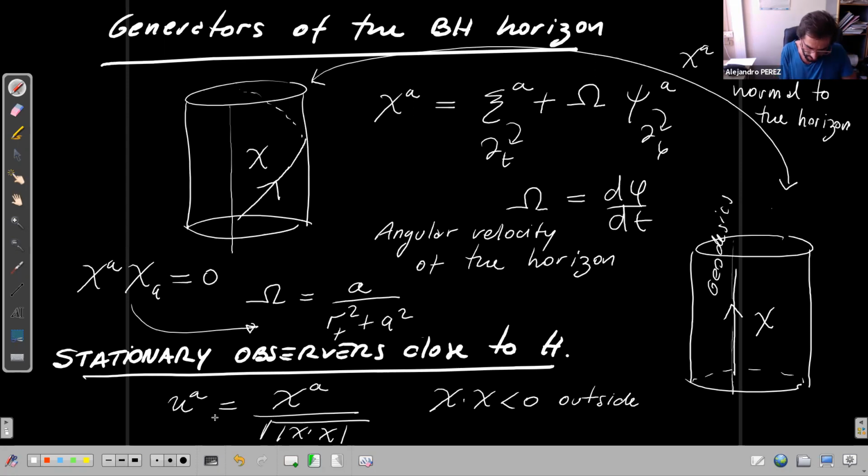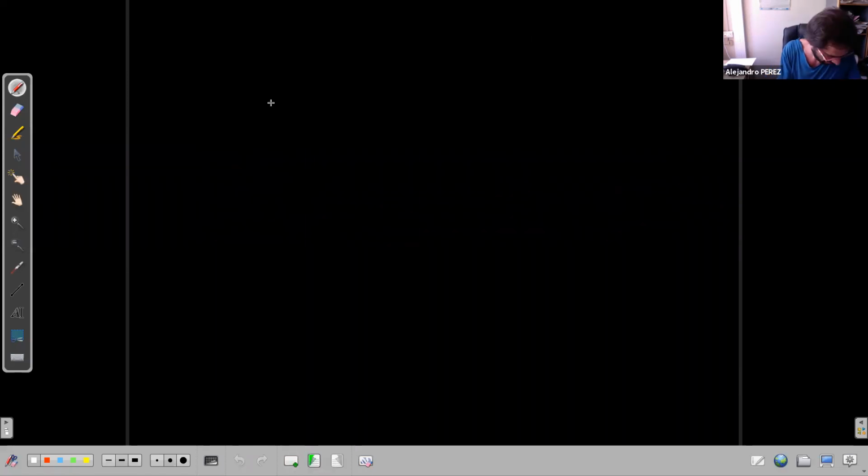So these are very natural observers because they follow the orbits of Killing fields. So these are people near the horizon that would correspond to sitting there. I mean, you cannot sit at the horizon, perhaps.